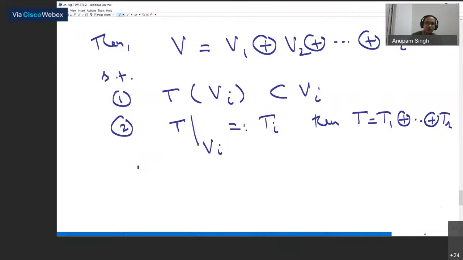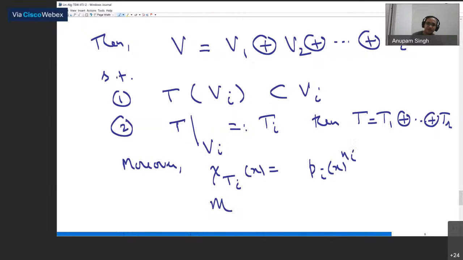And moreover, the characteristic polynomial of this Ti is exactly Pi(x) to the power ni, and the minimal polynomial of this Ti is exactly Pi(x) to the power mi.